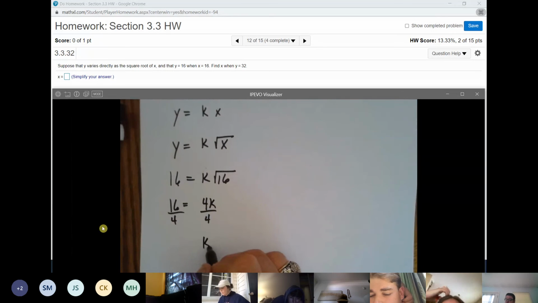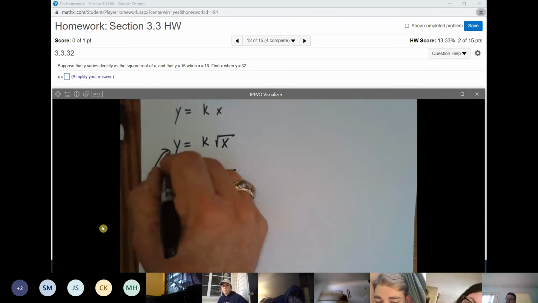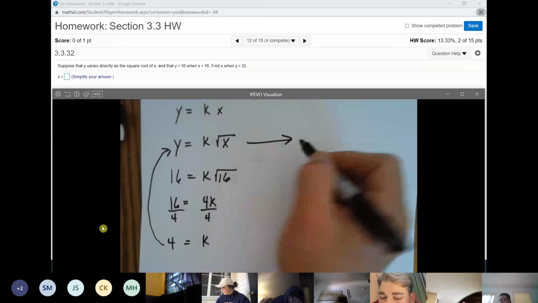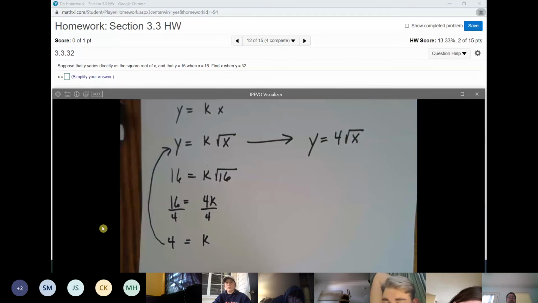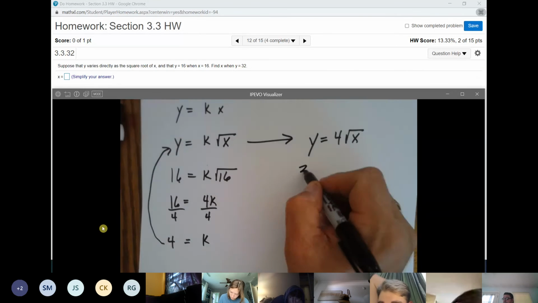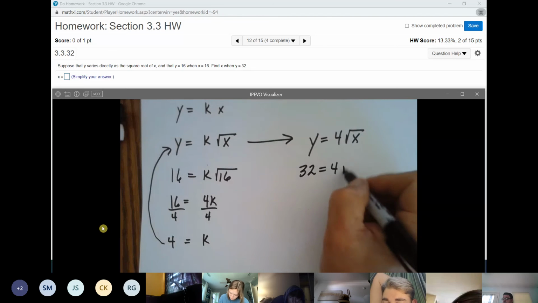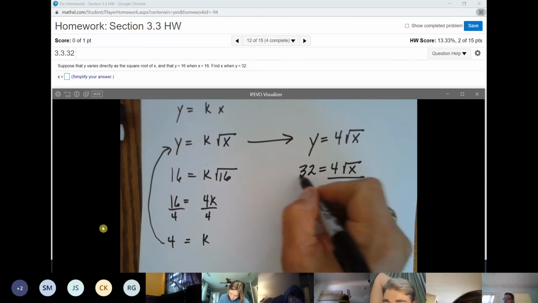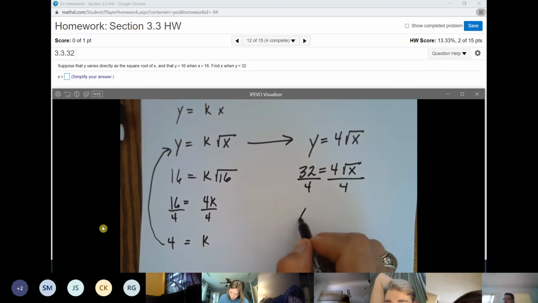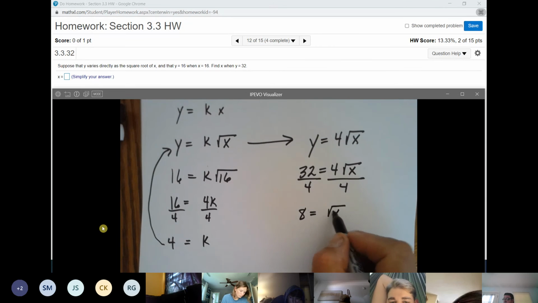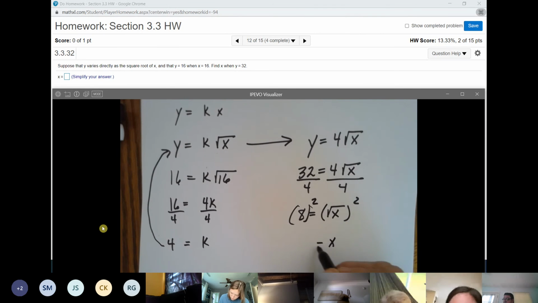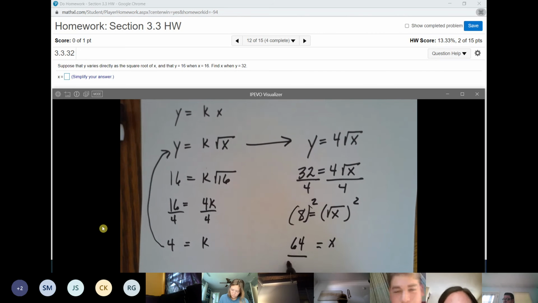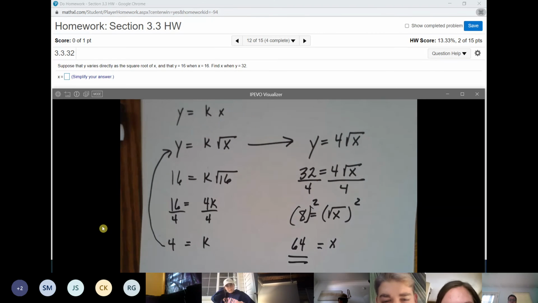K is equal to 4. Back substitute. And they say find x when y is equal to 32. I got x is equal to 64. What'd y'all get? That's what I got.